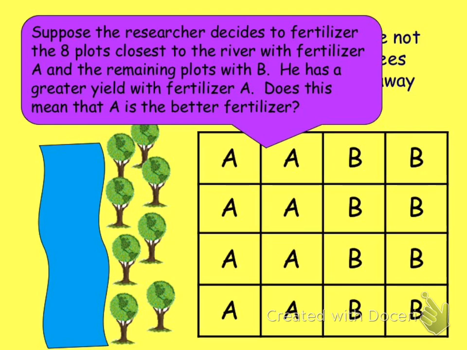No, because the land closer to the water can have other variables, not nutrients. Yes, so I have extraneous variables like the vicinity to the water that could affect my results. So it would not be a good idea to put all of A closest to the water and all of B farther, because obviously A will probably be better, unless it's flooded, then it could be worse. I would think A would end up being better.